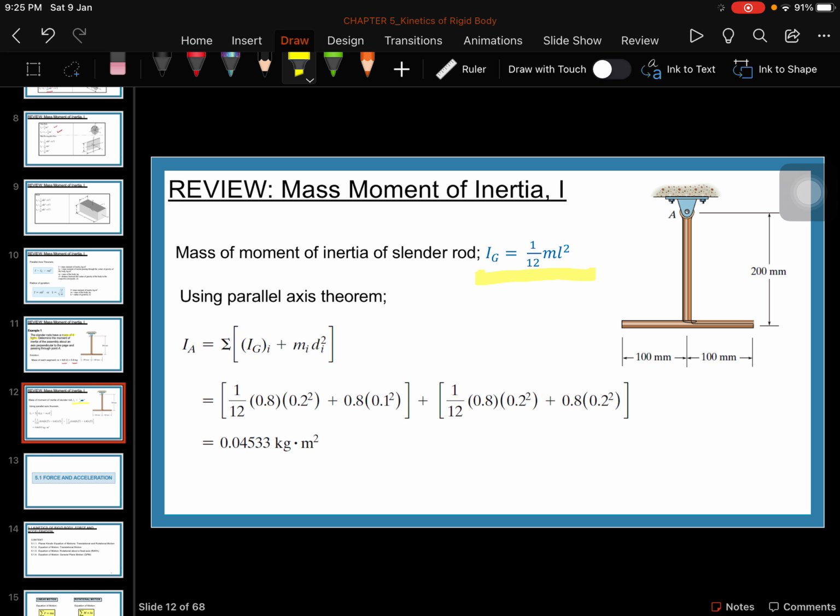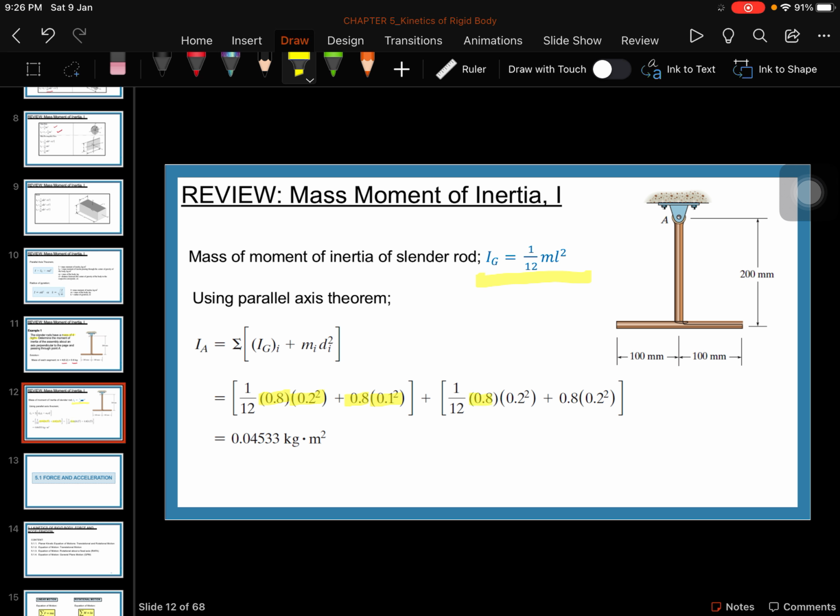So Ig is 1 over 12 times m, 0.8, and L 0.2 square, plus m 0.8 and distance from the center 0.1 square, plus 1 over 12 times 0.8 for m and L 0.2 square, plus m 0.8 times distance 0.2 square. Next you will get the answer 0.04533.